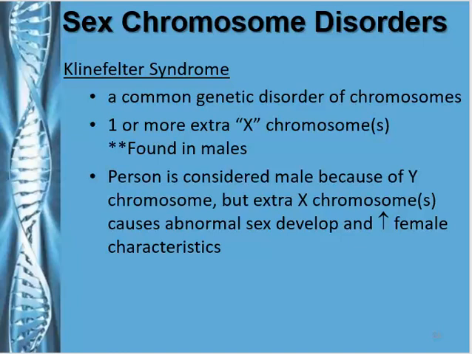The person is male because they have the Y chromosome, but they demonstrate a lot of female characteristics and abnormal sexual development. So you can imagine that this is somebody who has these increased female characteristics, but is genetically male.